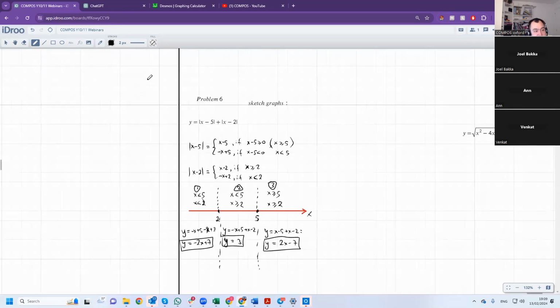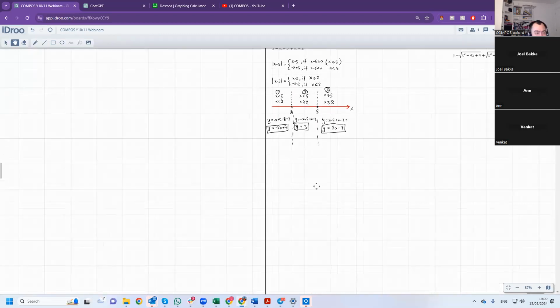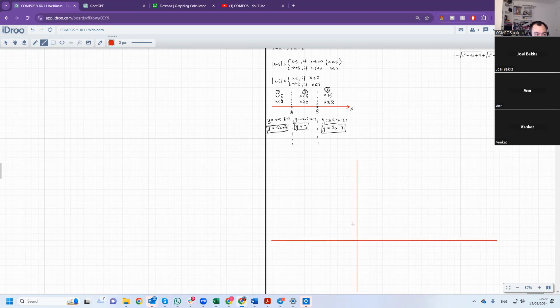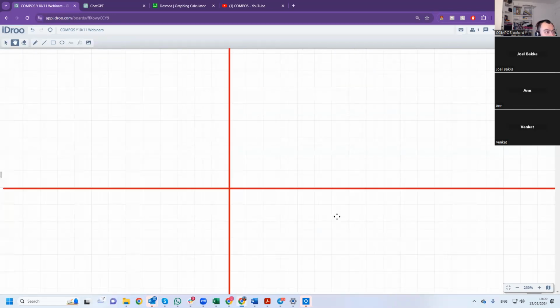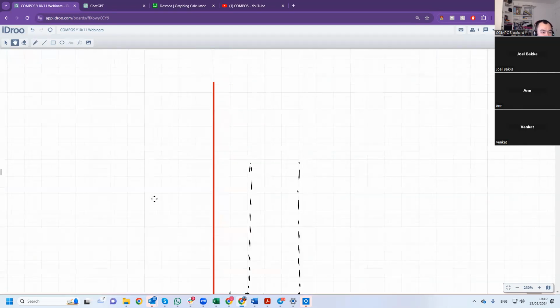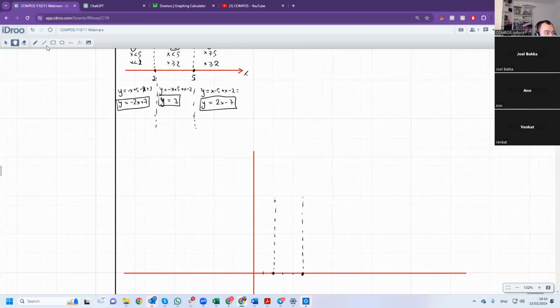So we just draw 3 graphs. Two and 5. So when x is less than 2, it's minus 2x plus 7.